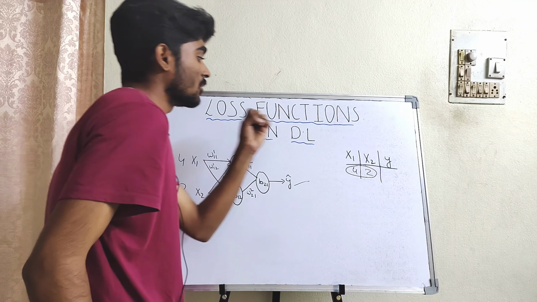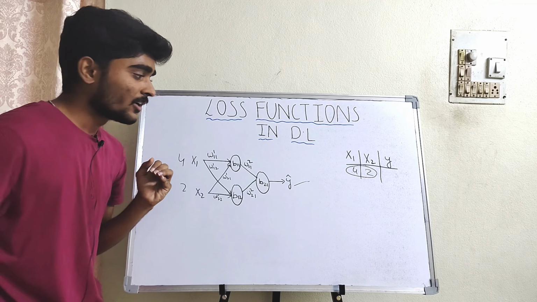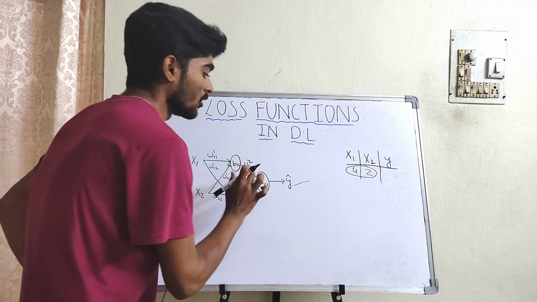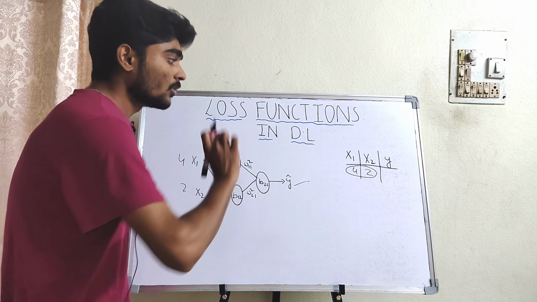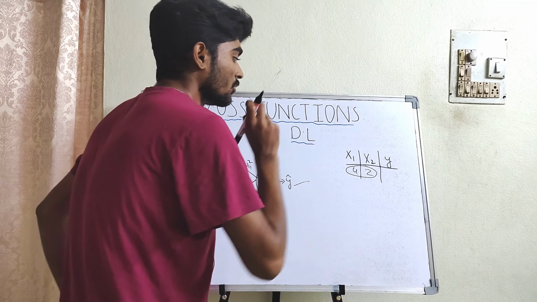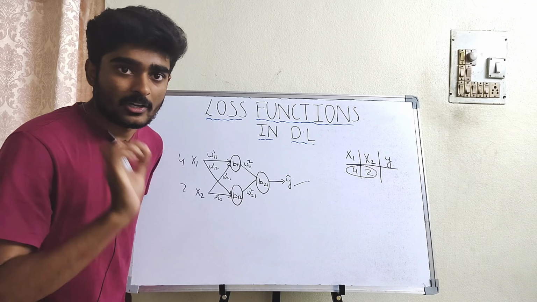When there is a lot of difference between y and y hat, you can say that your model is performing really poorly. To improve it, you have to know how much error your model has made.